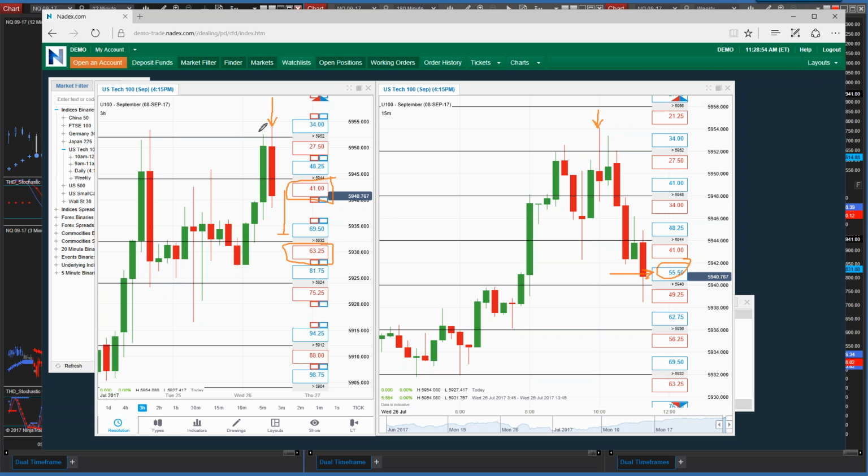But I'm going to trade using the higher time frames because I think they will dominate. Normally, this is a 12-minute, but in Nadex, I use a 15-minute.